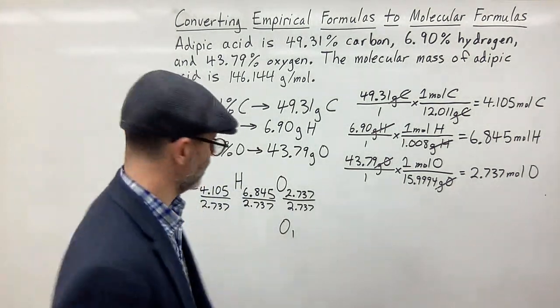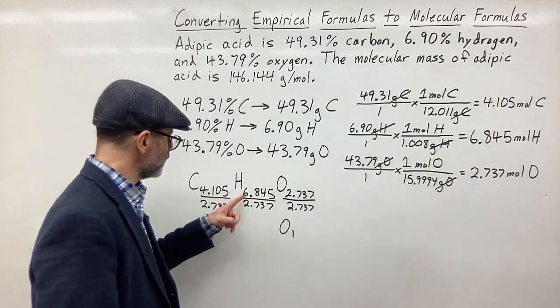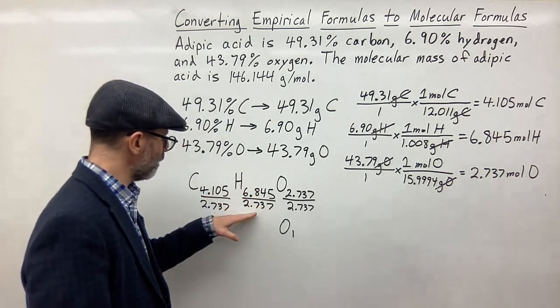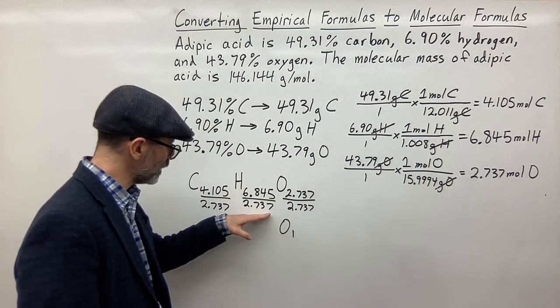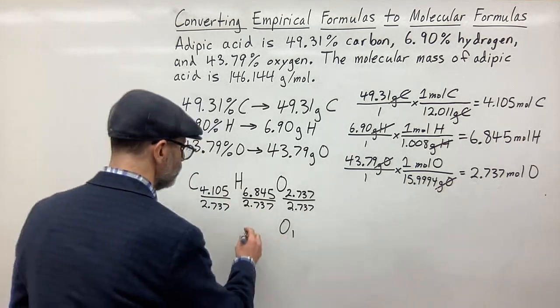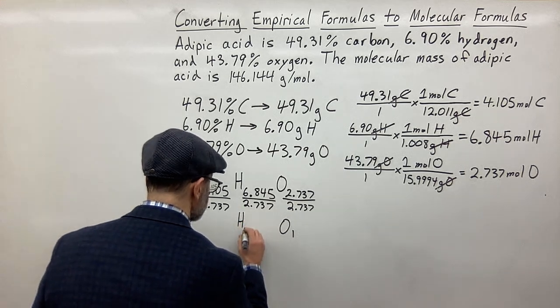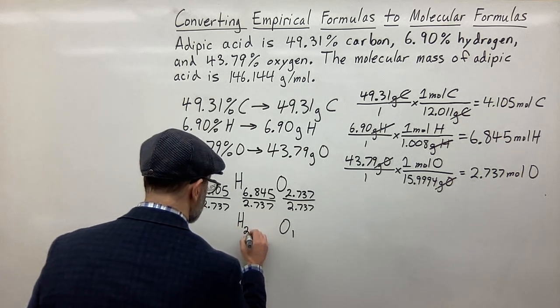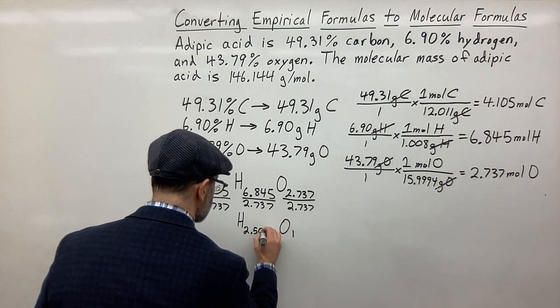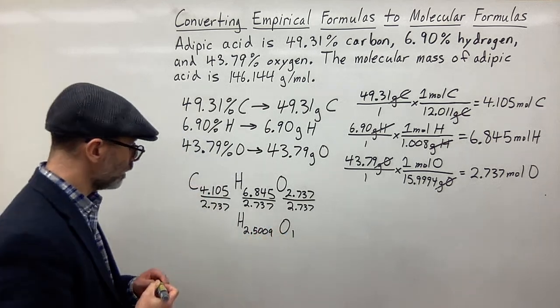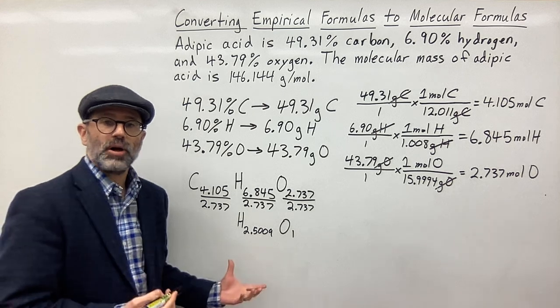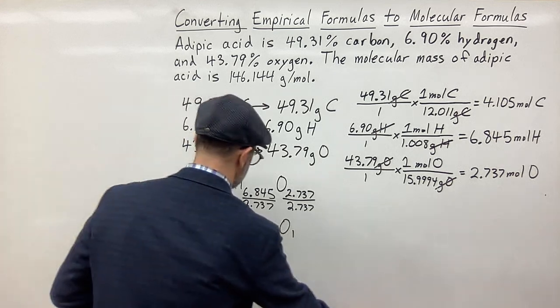Sorry about that. So if I take 6.845, divide that by 2.737, then I get 2.5009. But that's really close to 2.5, so we'll just simplify that to 2.5.